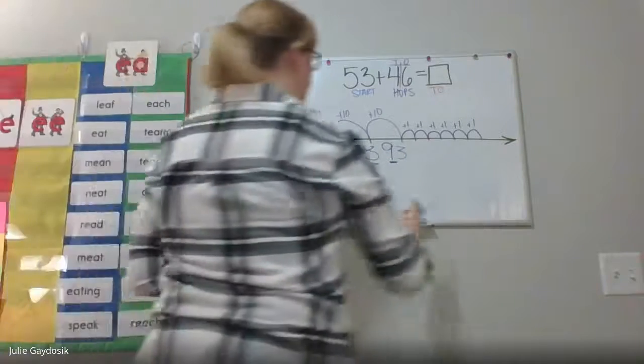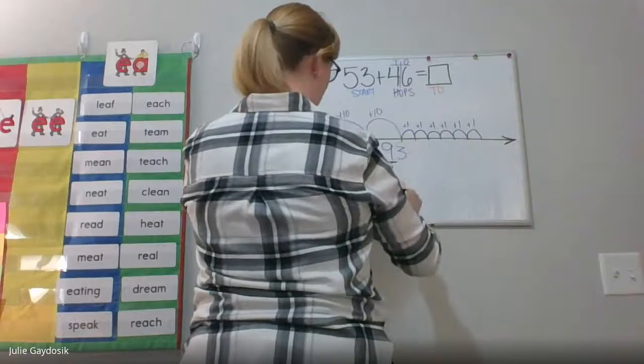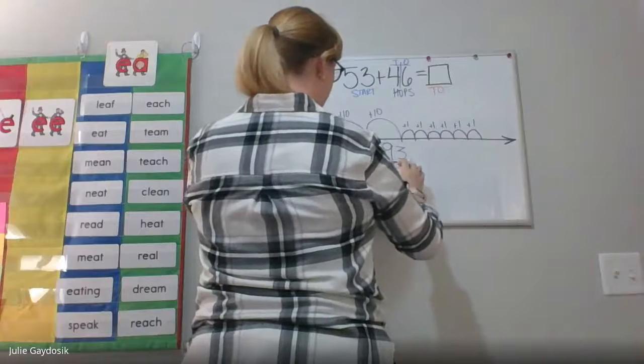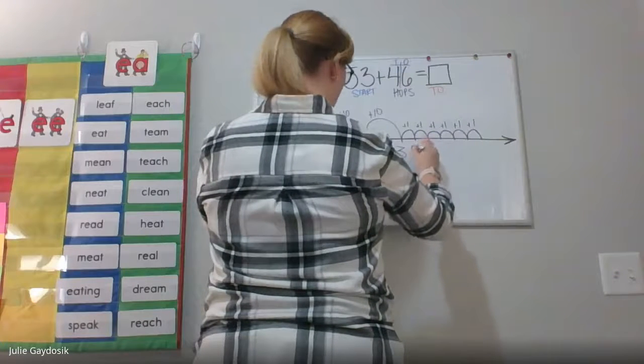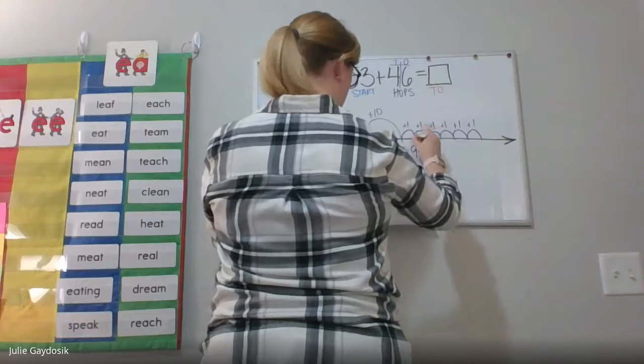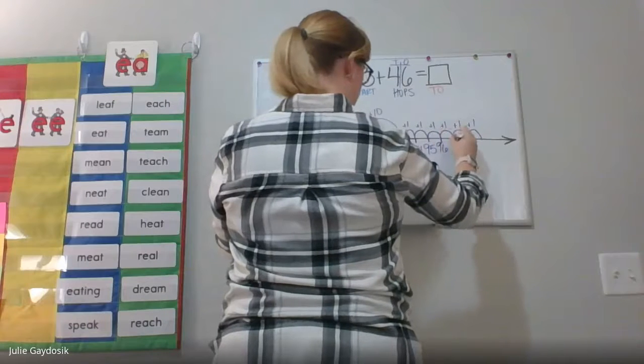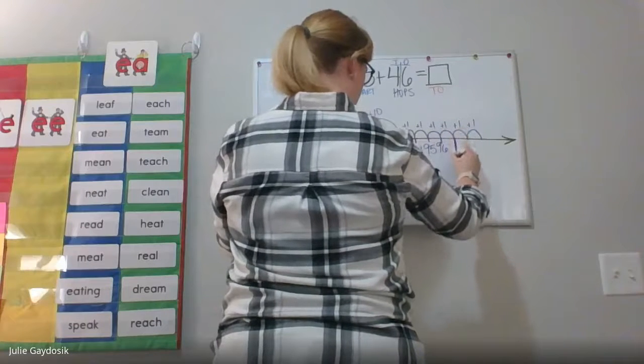Okay? Now we're counting by ones. So now our ones place will change. 93, 94, 95, 96, 97.